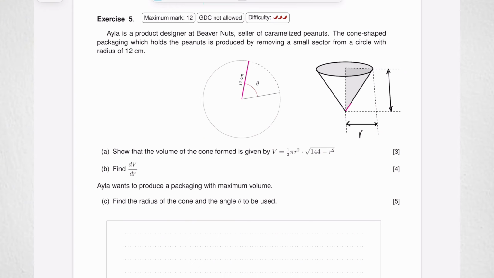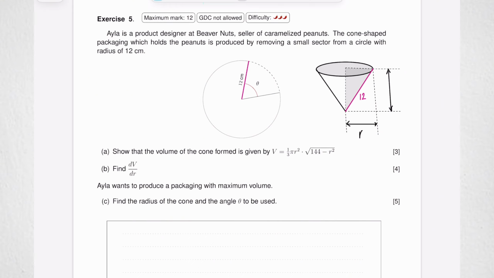And it's easy to see that that is the case if you take, for example, this circle over here and you chop off a sector from it. So the 12, it is right here. That's the radius of this circle right here. Now, if we cut it off, and this is not gonna look super pretty because I did this in like 15 seconds, we will get this cone right here.